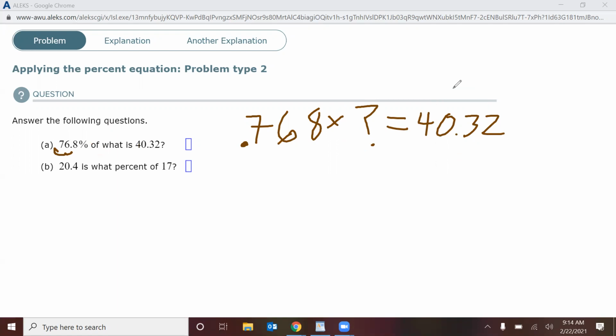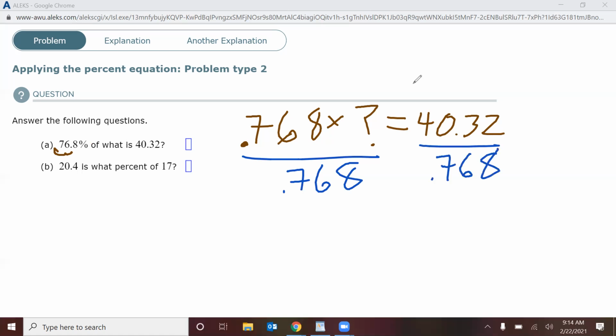So now I have an equation with a single variable. So I do what I always do in equations. I divide both sides by 0.768, the coefficient of the variable. And those cancel and I get 52.5.